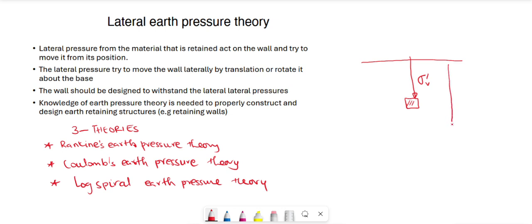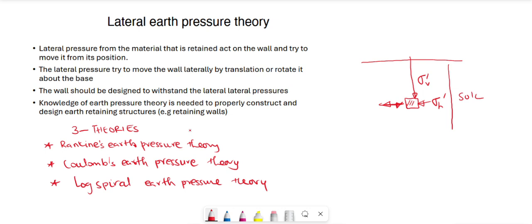If let's say this whole thing is a soil, but it's very difficult for us to find the lateral forces acting on the soil. The lateral force, in this direction, let's call it the effective horizontal force. It's very difficult. Do you get it?